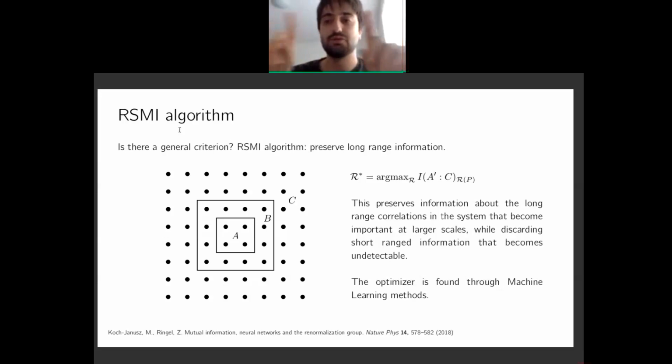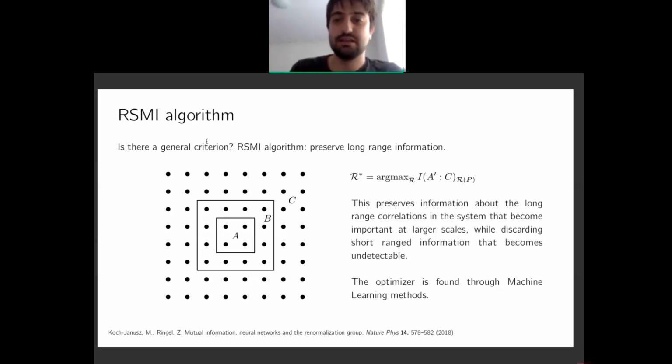You don't really care about short range stuff that goes on between the block and its immediate surroundings. You care about the information that the block carries about its faraway environment. And so you take your block A, which you have to renormalize, its immediate boundary B and faraway environment C, and you look for the map that best preserves the mutual information between the block A and the block C.